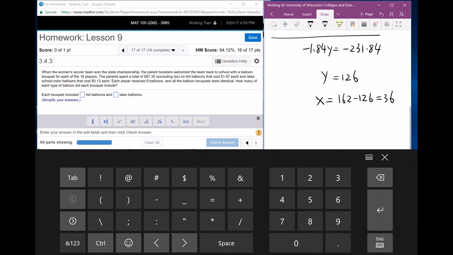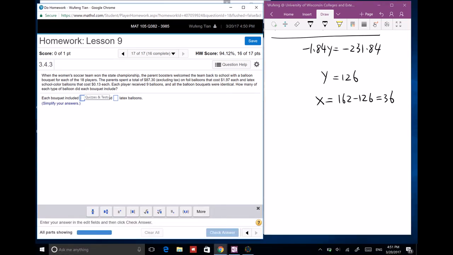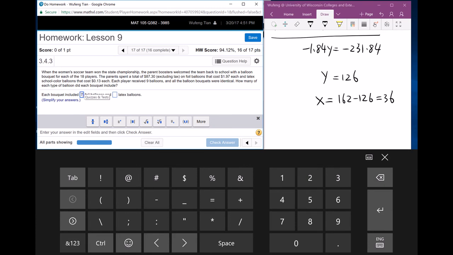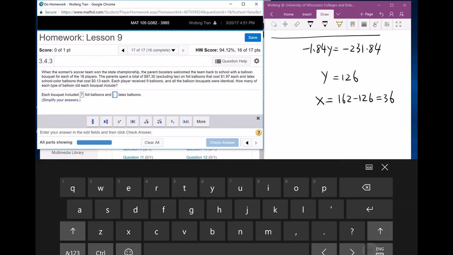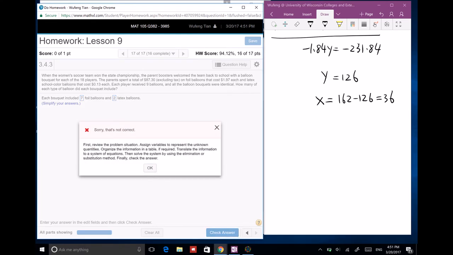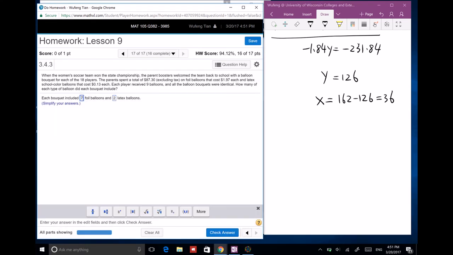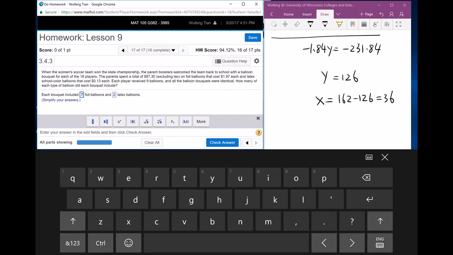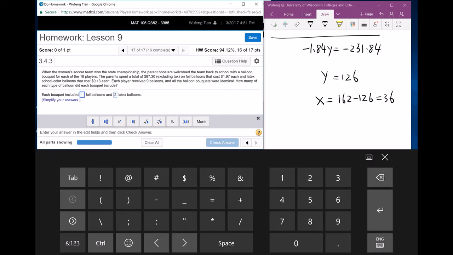Each bouquet included, you divide by 18. I think you have to use 126 divided by 18 equals 7. So the first one you have 7 for each because you have 18 players and the total is 36. The second one is 2. Wait.